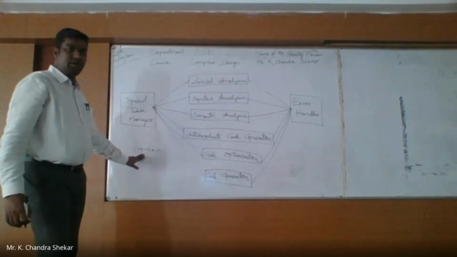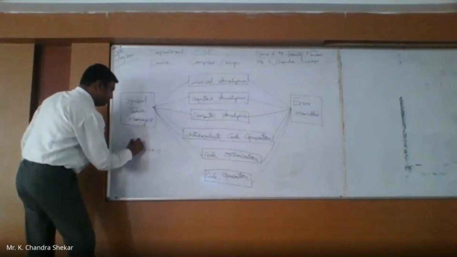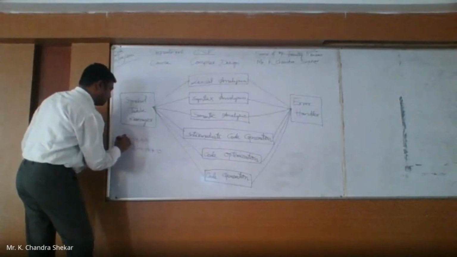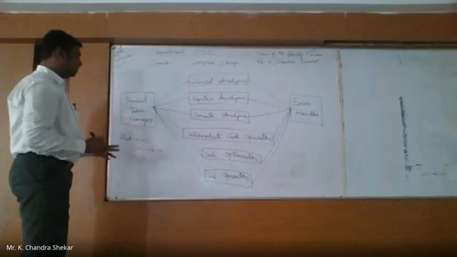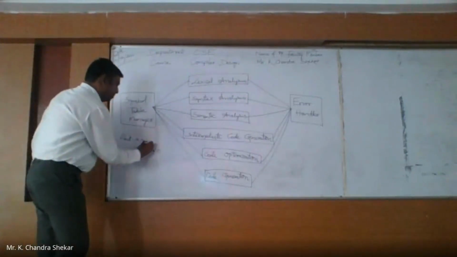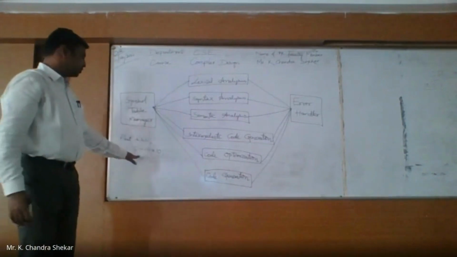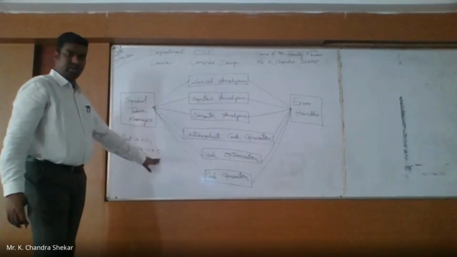C is assigned a value of A plus B into 10, where A, B, C are real values, or let me call them floating point values. Let me declare three variables A, B, C, and assign a value of C as A plus B into 10.